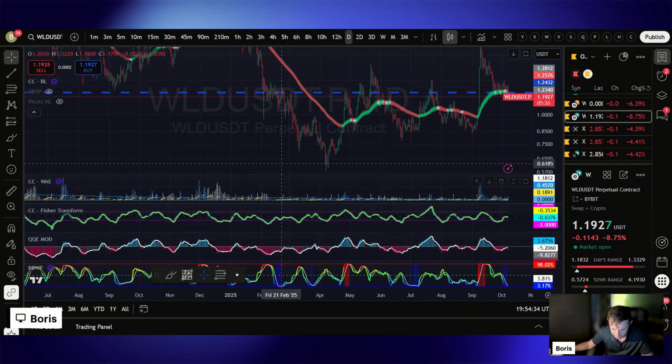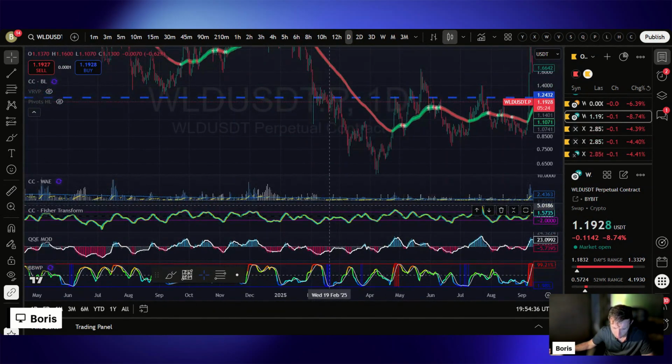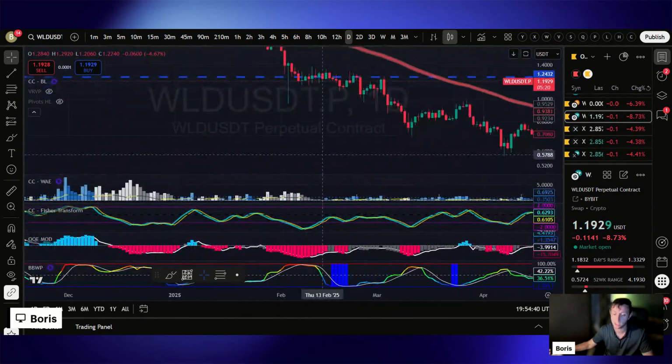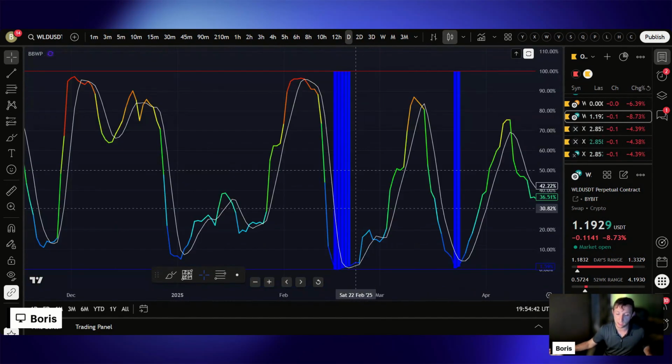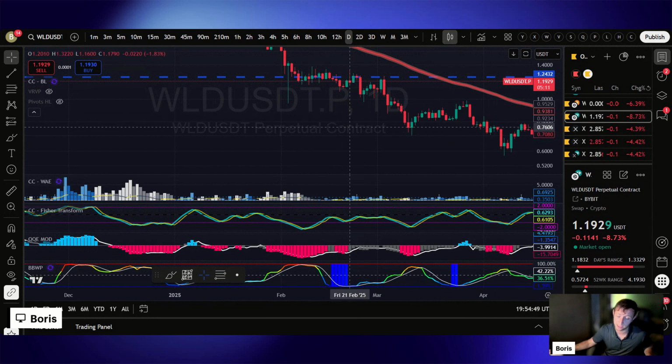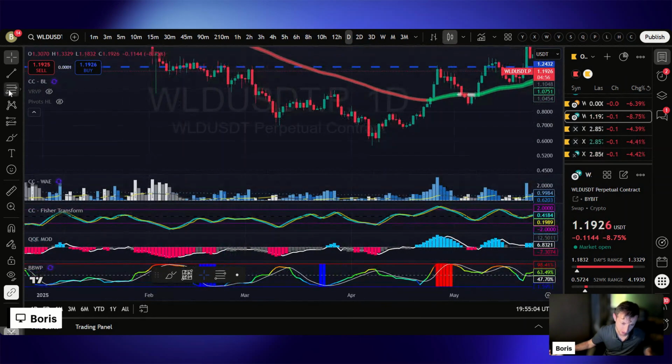The last time we had this signal before that was in February. Let's take a look at what happened here. In February, we had this indicator flash blue, which indicated low volatility. And like I said, whenever you have low volatility, that usually precedes higher volatility. After this period, we did have a brief pump to the upside for one day, about 10%, but then we had a big move with WorldCoin ultimately going down.